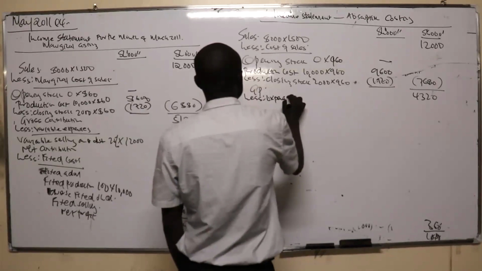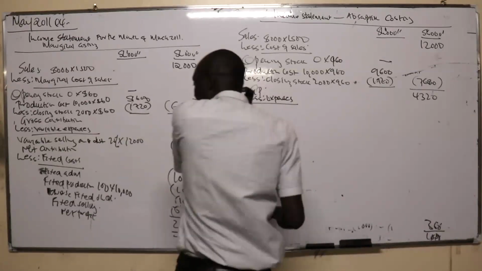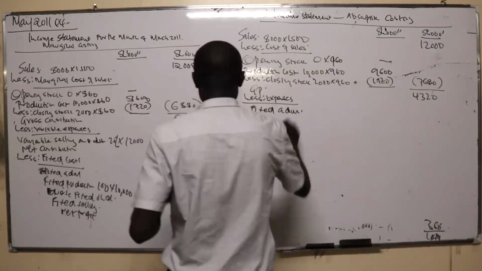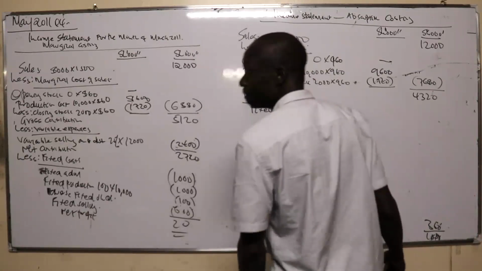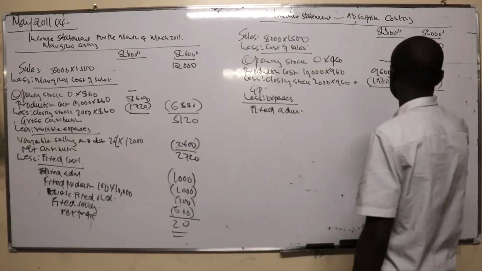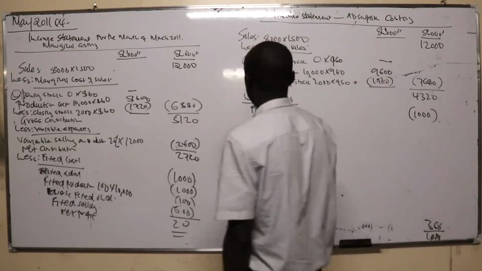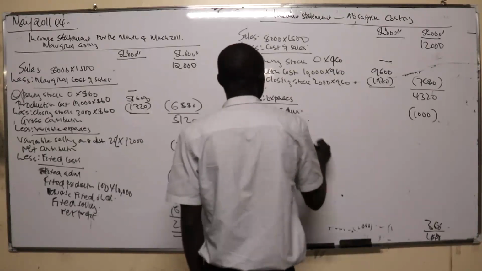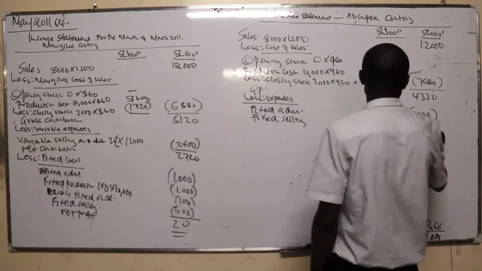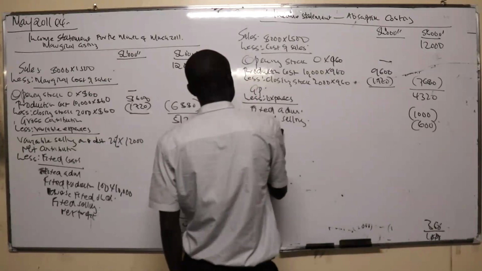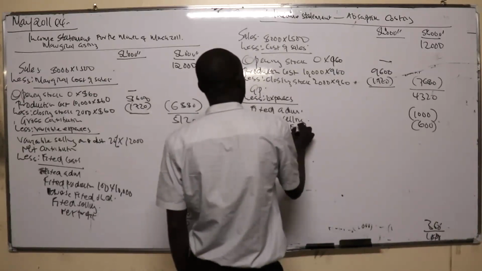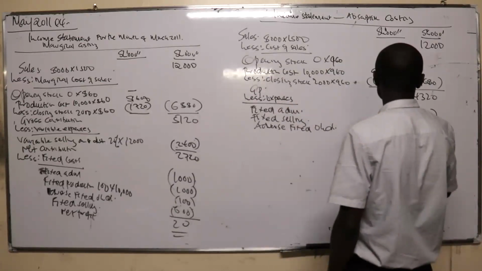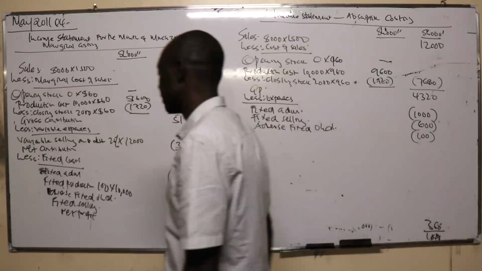So the first expense we less here is fixed admin. Fixed admin was 1,000. You less 1,000. And then you less fixed selling. Fixed selling was 600. And then you less advance fixed overheads, which is 100.